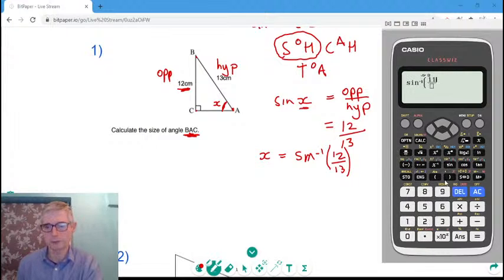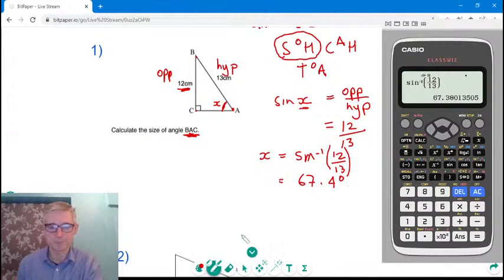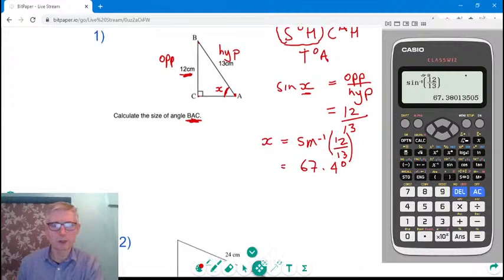I'm going to go 12, and just navigate to the bottom of the fraction, over 13, and then close the bracket, and that gives me my angle: 67.38, and I might round that up to 67.4 degrees. So there we go, that's the first one done, 67.4 degrees.